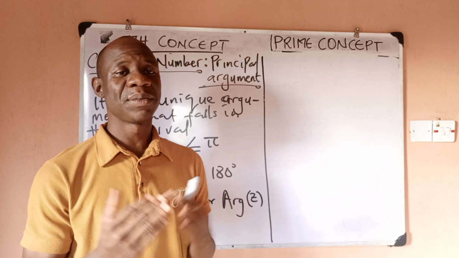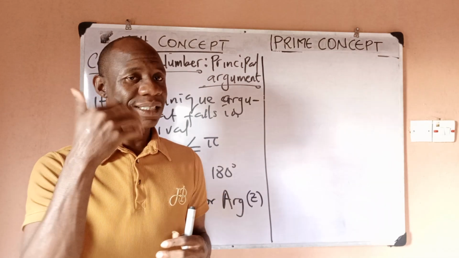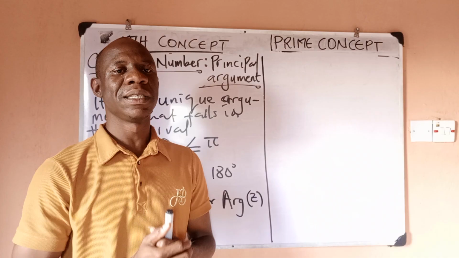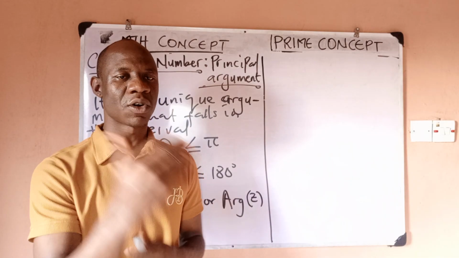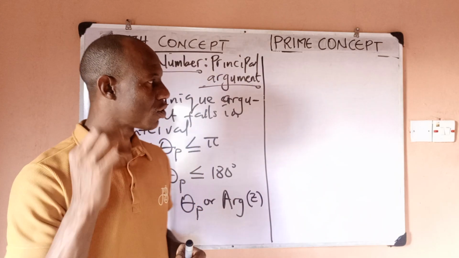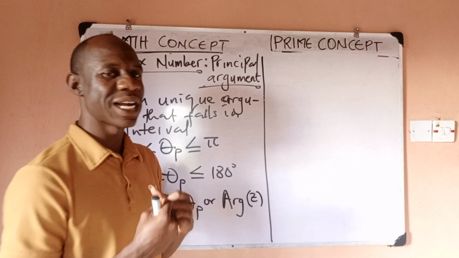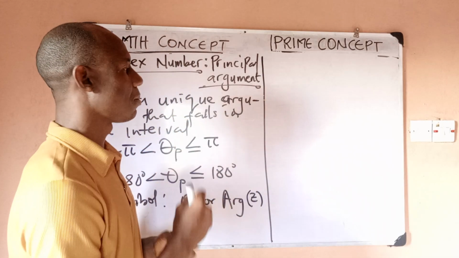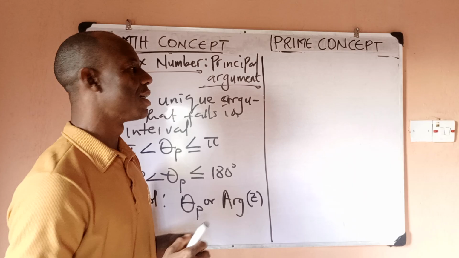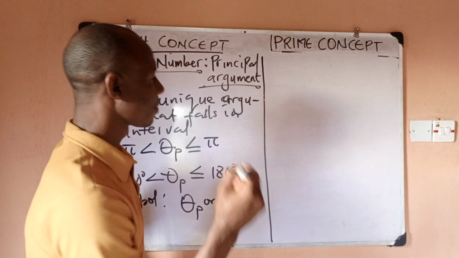The Argand diagram is a diagram that describes the quadrants in which a complex number would fall. But very quickly, I will explain how to determine the quadrant of a complex number before I now show you how to find the principal argument.